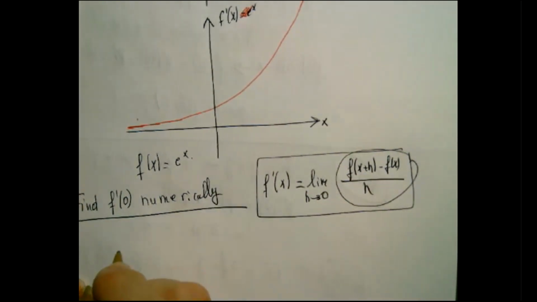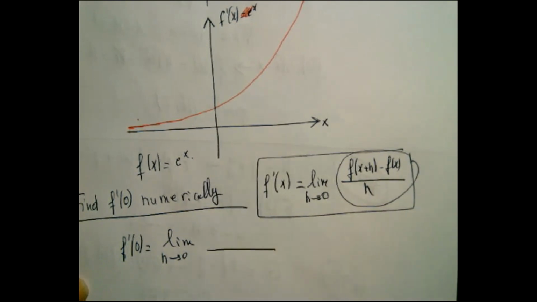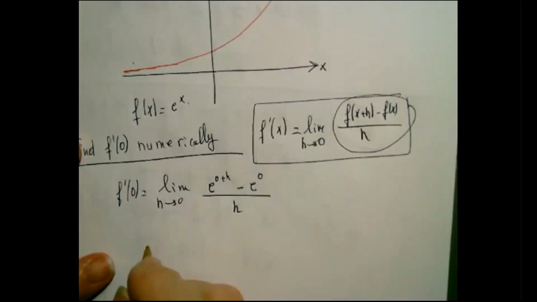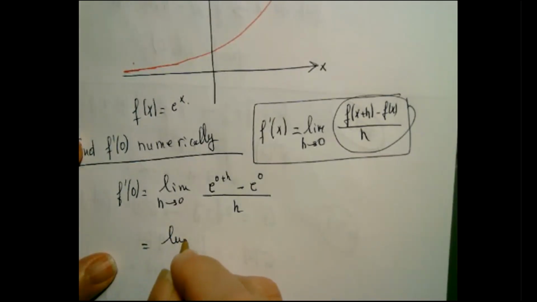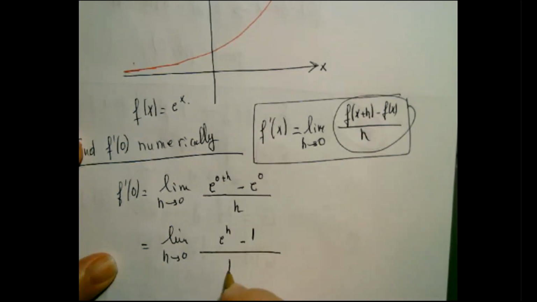So now I need f prime at 0. That's equal to the limit as h goes to 0 of e to the 0 plus h, minus e to the 0, over h. So this is equal to the limit as h goes to 0 of e to the h minus 1 over h.